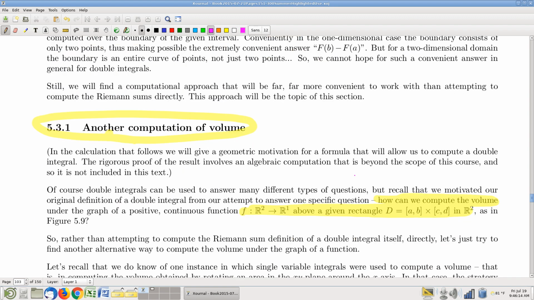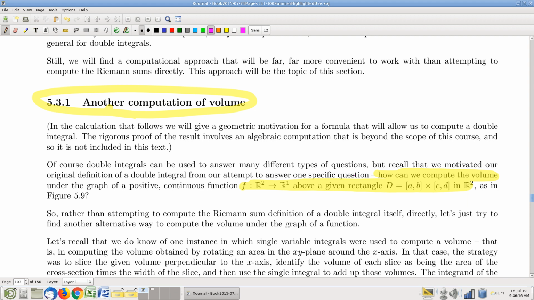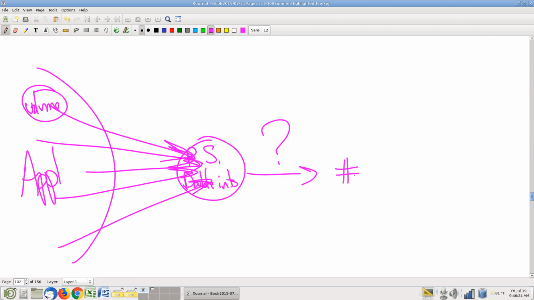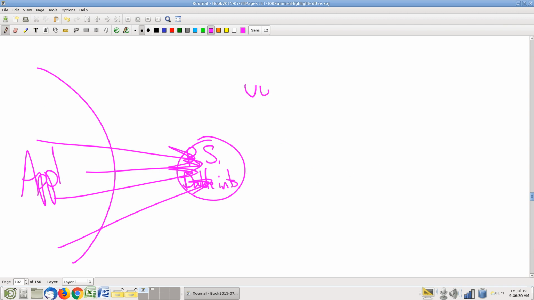It's going to take me a little while to develop the answer to that question. I'm going to come at it sort of sideways. Going back up to this picture, I'm going to reinterpret volume as an application here. I'm going to think of volume as an application still, but I'm going to put it up here.